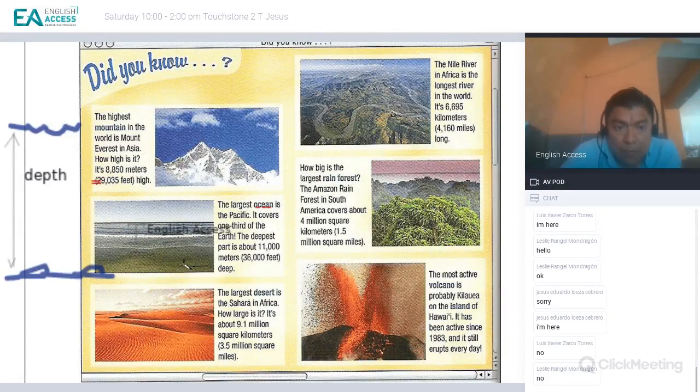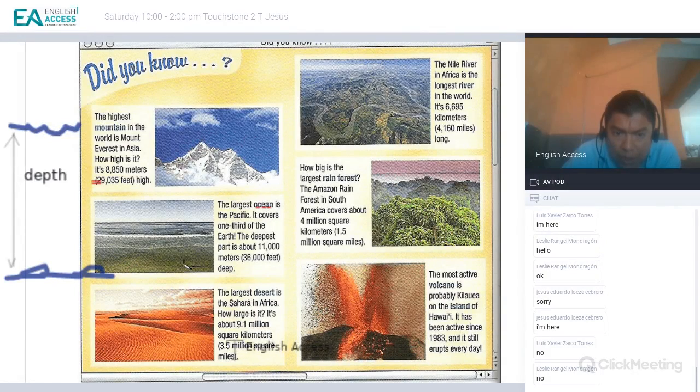Okay? So let's go for the next one. The largest desert is the Sahara Desert in Africa. How large is it? It's about 9.1 million square kilometers. Yes?